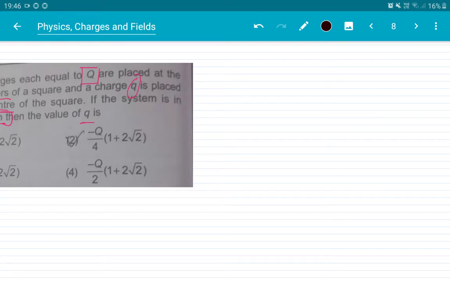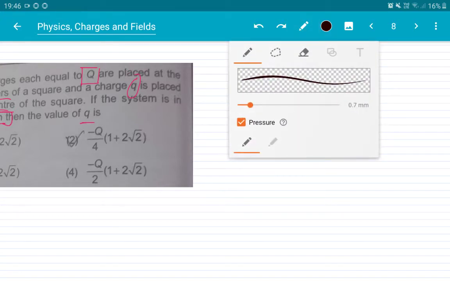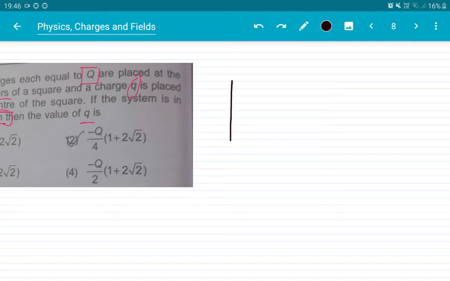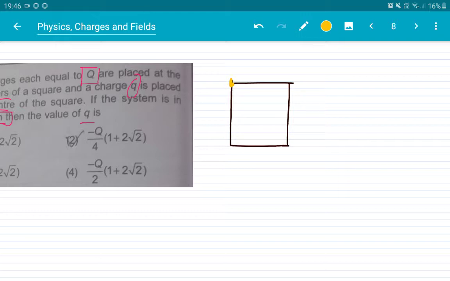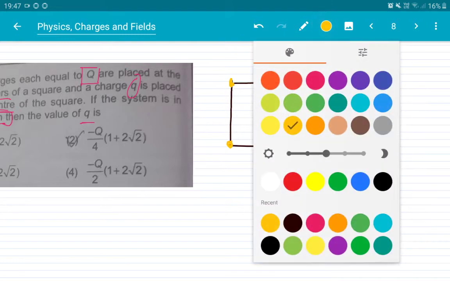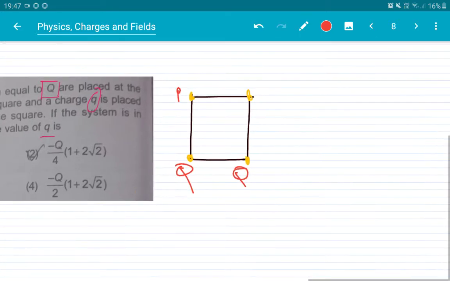So that is a square. Let me increase my font size a bit. And a charge capital Q is placed here, here, here, here.